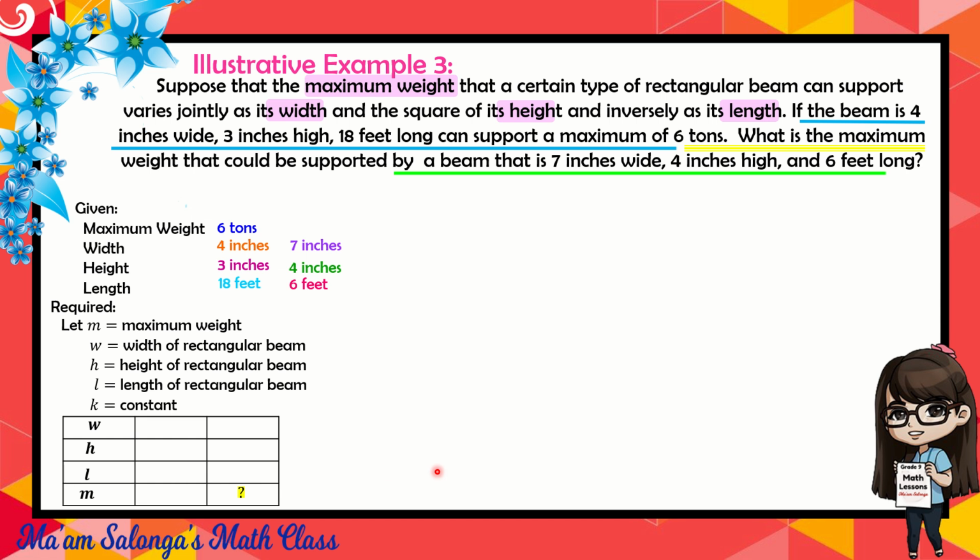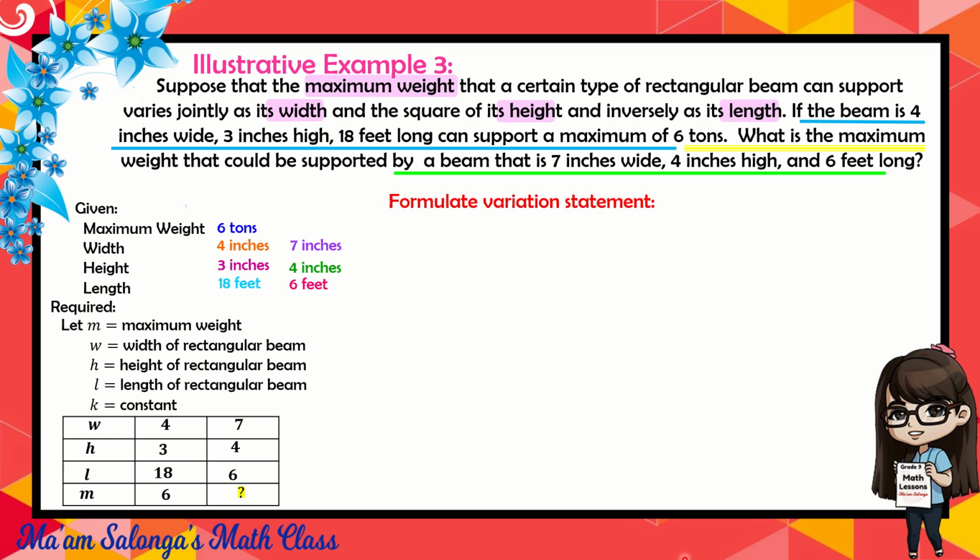So maximum weight is 6 tons, width is 4 inches, 7 inches, height is 3 inches, 4 inches, and length is 18 feet, 6 feet. Then, since we already completed this, we can now proceed to the steps to solve for the unknown.